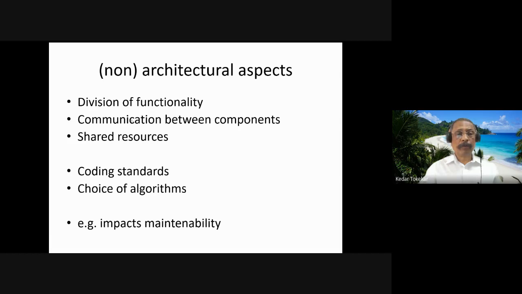So we have to understand that there are two aspects which might impact a given quality attribute. For example, maintainability. The word itself suggests that my system is maintainable, meaning it is very easy to repair if something goes wrong. Take mobiles.